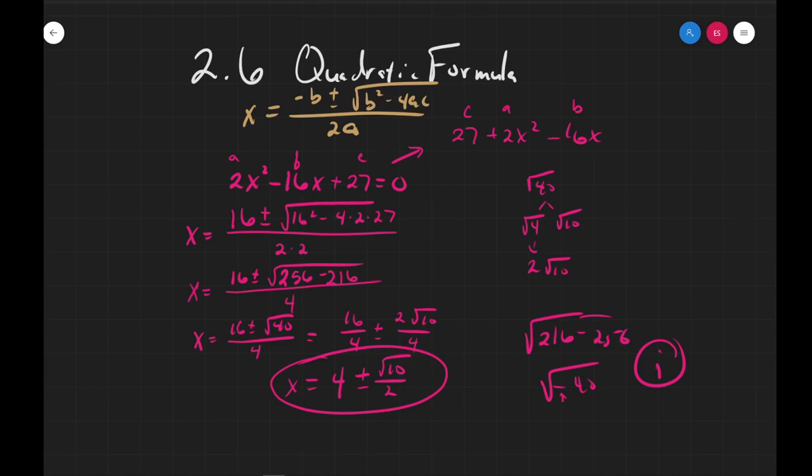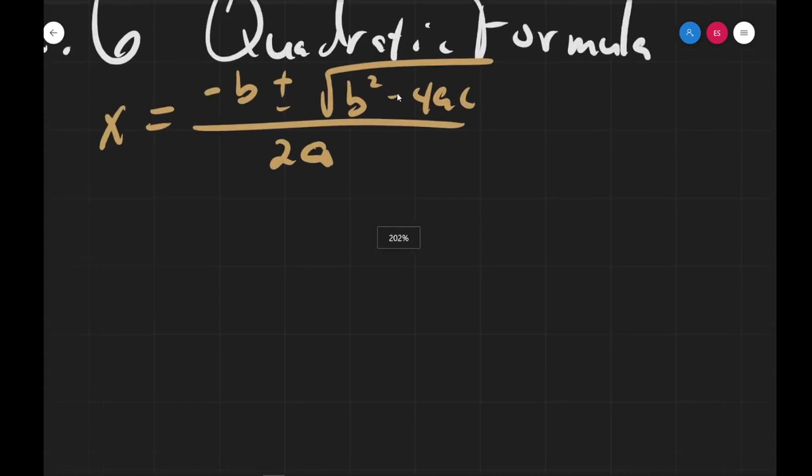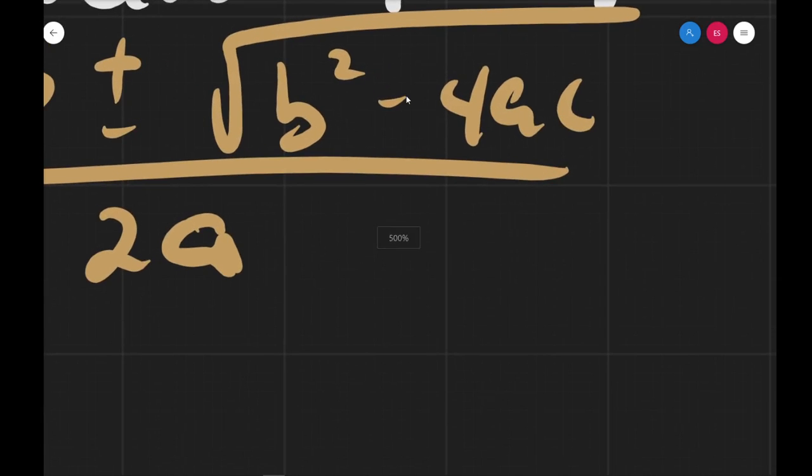Okay? So this quadratic formula actually gives us a really, really nice thing. Most specifically, that nice thing is this part right underneath the square root right here, this b squared minus 4ac number.